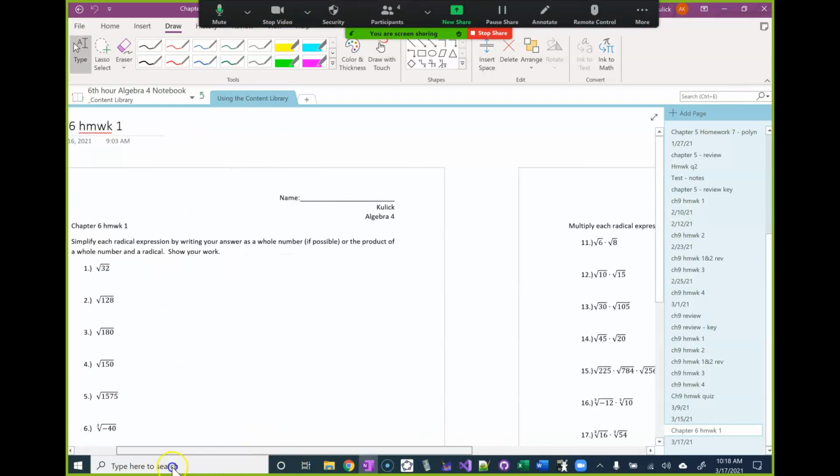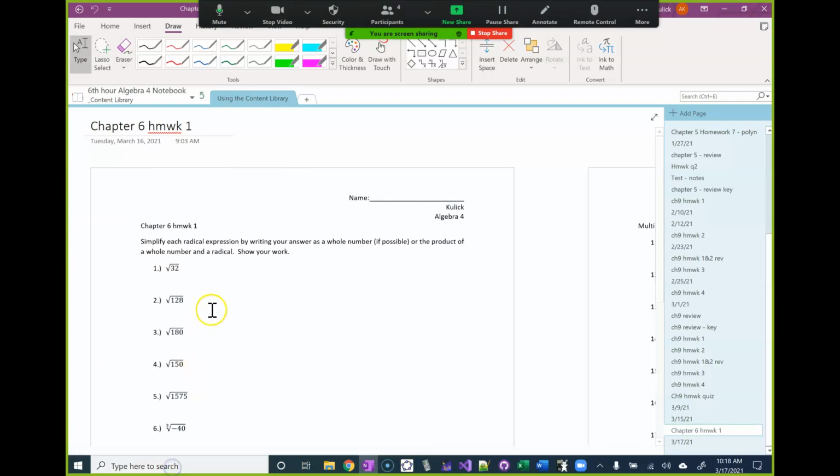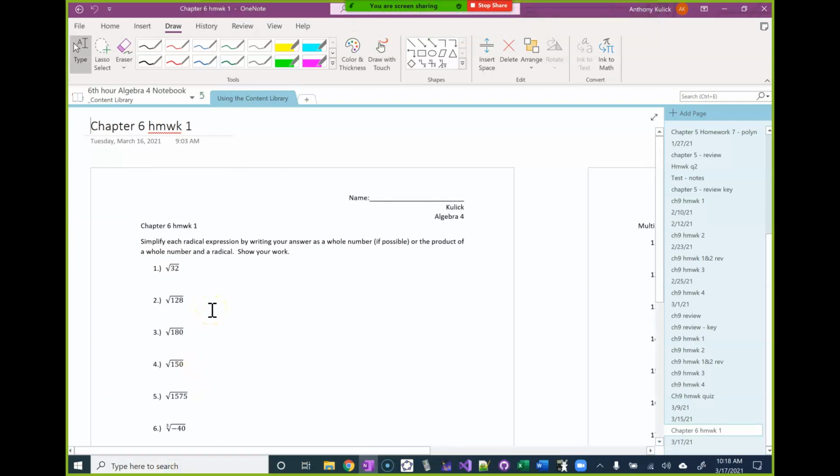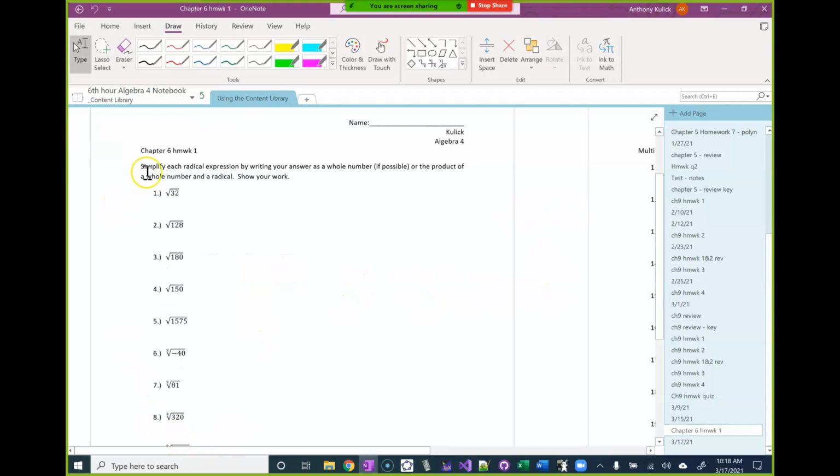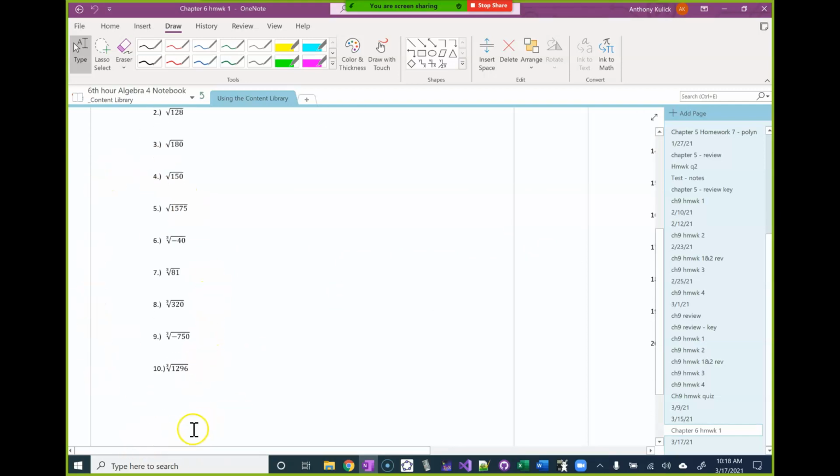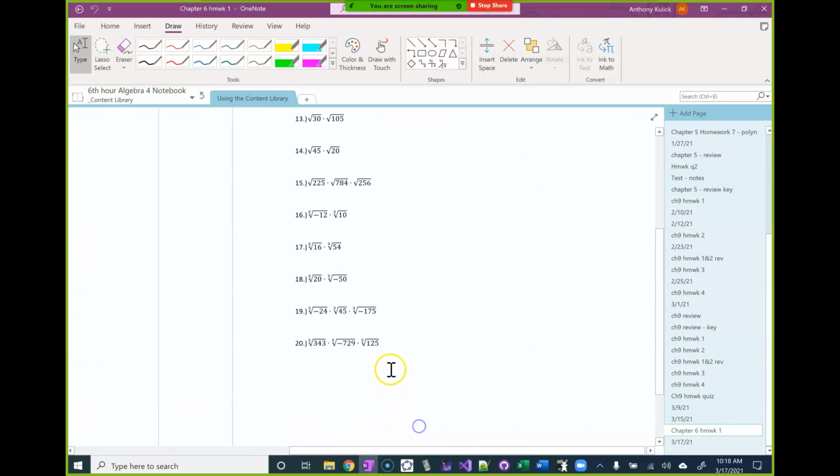But the first 10 questions are just reducing. And the last 10 questions are multiplying. So many of them should be pretty easy, but they'll get a little bit progressively more complicated as they go. But by and large, they should be pretty doable.